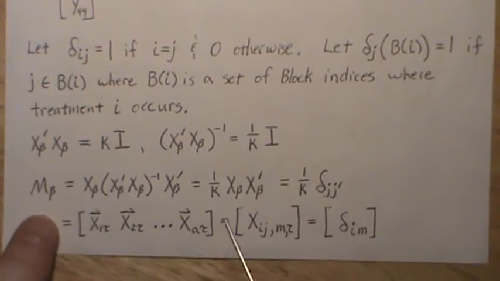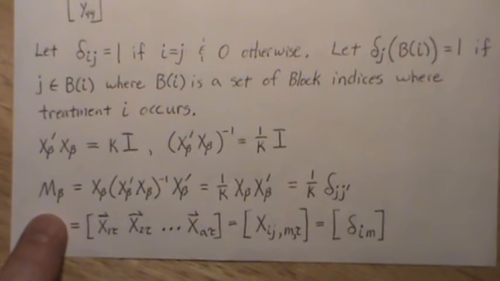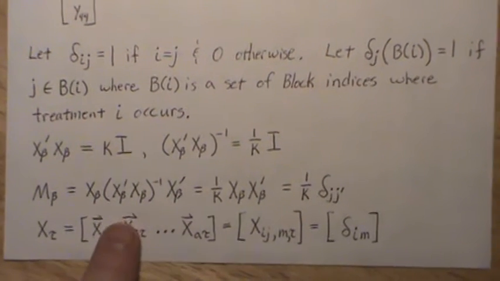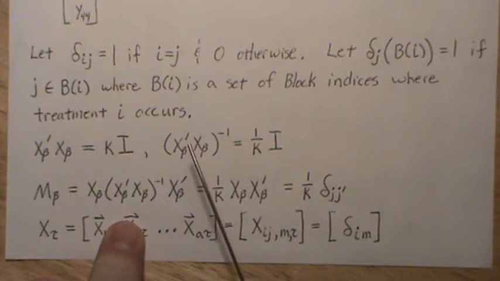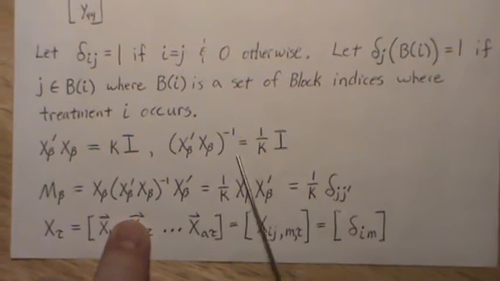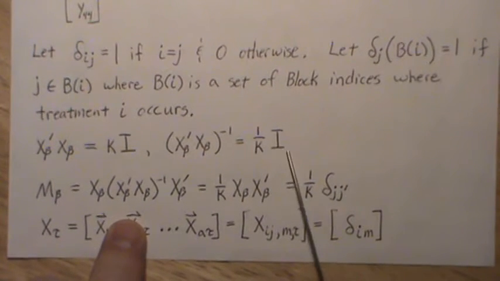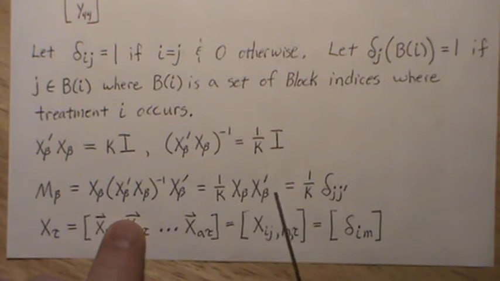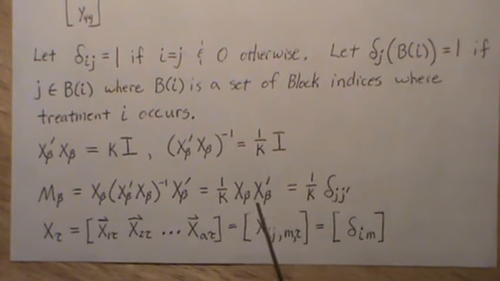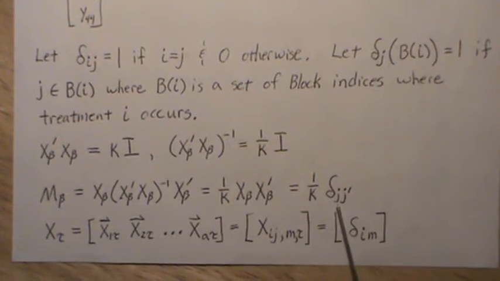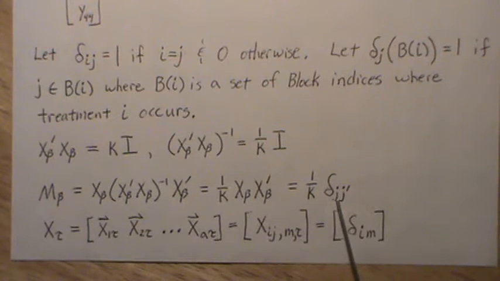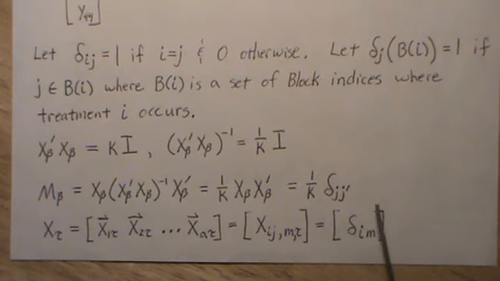And then if we look at the perpendicular projection matrix of M beta, which is this, well, this piece goes here, so the 1 over k can come out front, and then we're left with this. But then this matrix is a matrix of all ones, but the ones occur at the delta j prime index. So these are actually block indices.